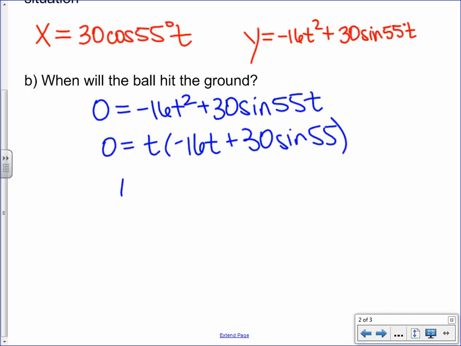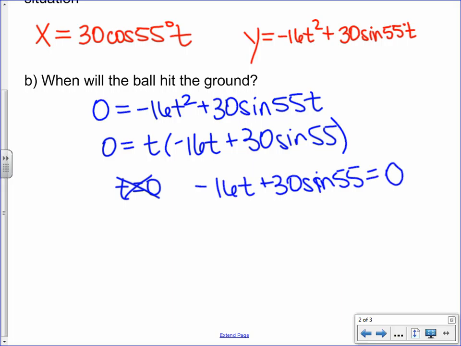Okay, so obviously t equals 0. That's because we begin at the ground. That's not the one that we want. We want negative 16t plus 30 sine of 55 to equal 0. So make sure your calculator is in degree mode and please solve for t.